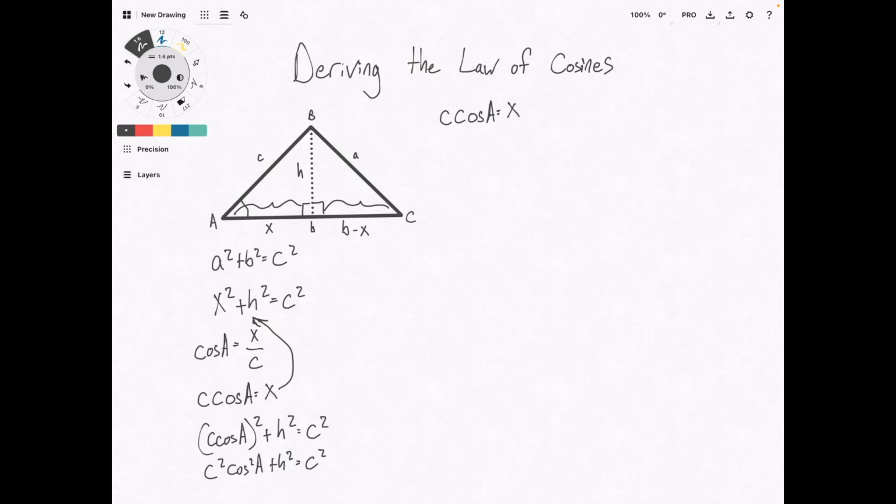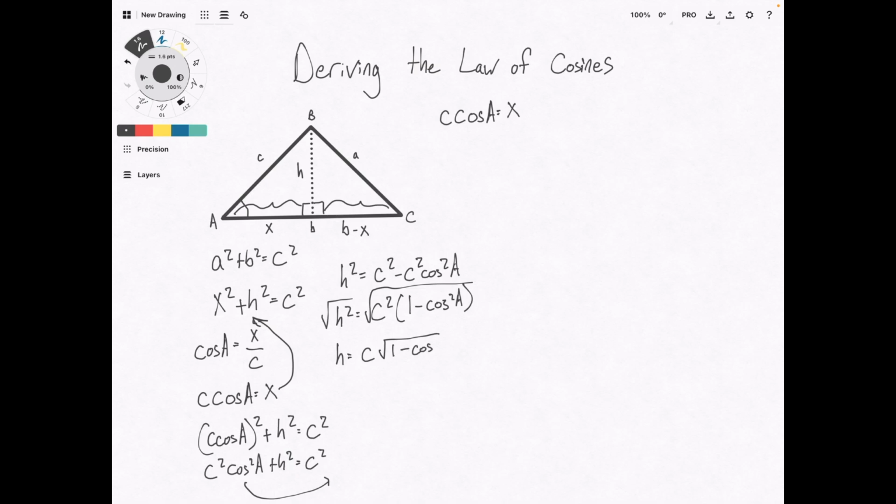So let's bring the values to the other side. h squared equals c squared minus c squared cosine squared A. Both of these have a c squared in them, so we're going to pull that out. c squared times 1 minus cosine squared A. Then we're going to take the square root of both sides. h equals c square root of 1 minus cosine squared A. All right, so this is the second value that we are going to need later on.